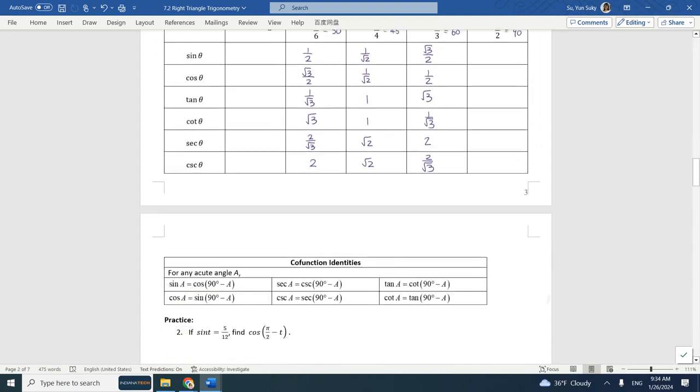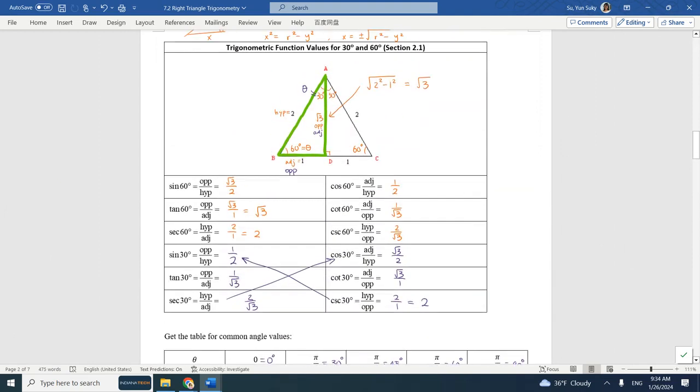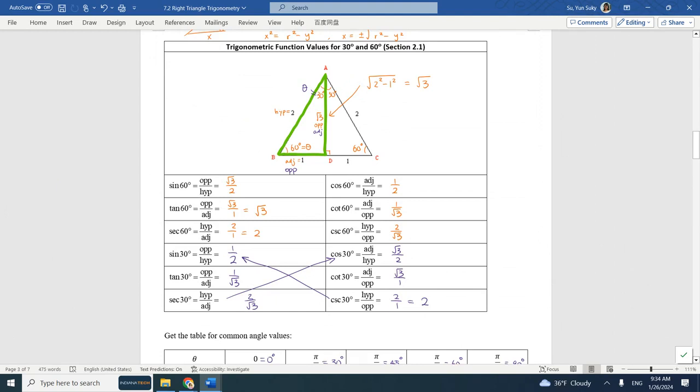So let's keep going. Do you realize in our example, sine 60 degrees is the same as cosine 30 degrees? Because 30 degrees and 60 degrees are complementary angles. So the adjacent of the 30 degree is the same as the opposite of the 60 degree. Yes, everybody found this picture.